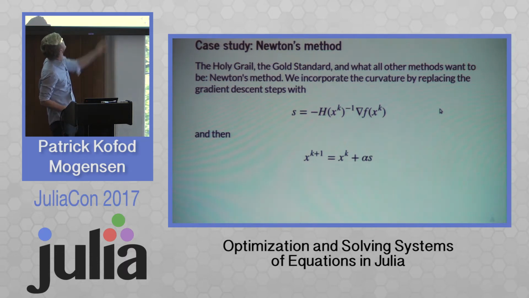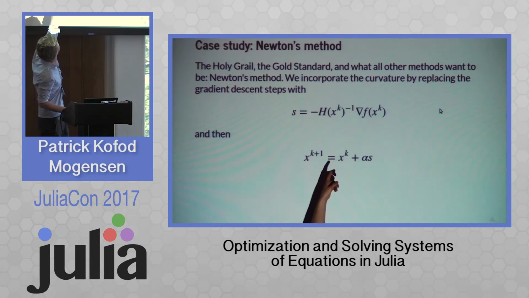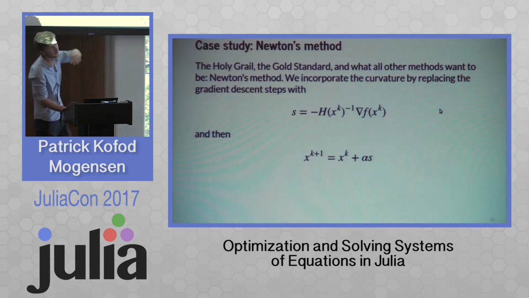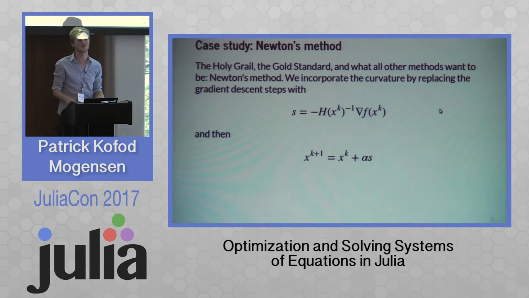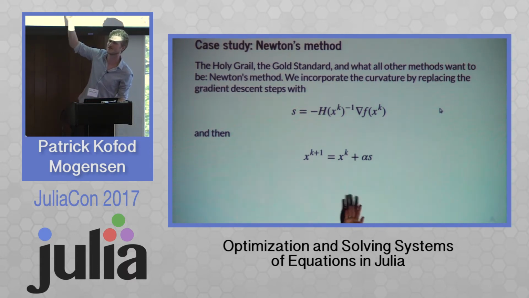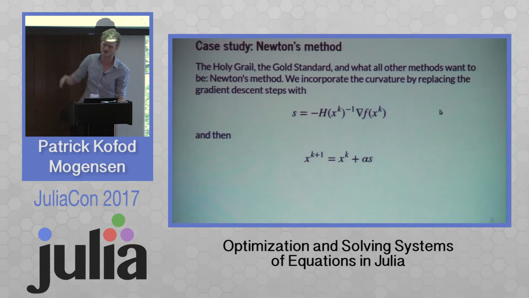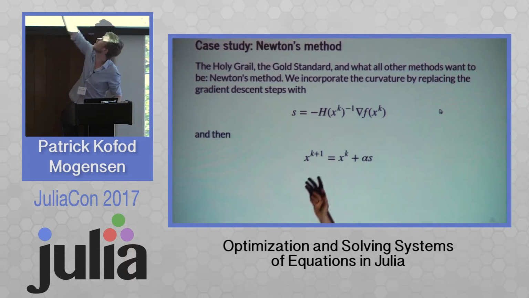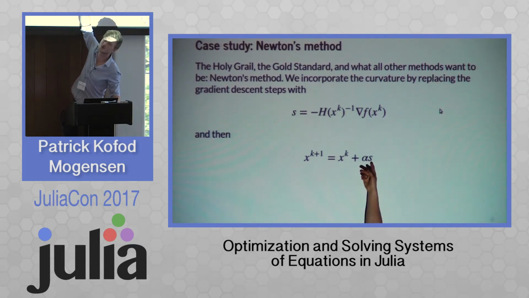I've written it as the inverse of the Hessian, but you could also have H of xk times s equal to minus the gradient, and then solve that system. We don't form the inverse, okay? That's just to make it appear in the same form as in the gradient descent method. And then again, we have this alpha, and s is the search direction.